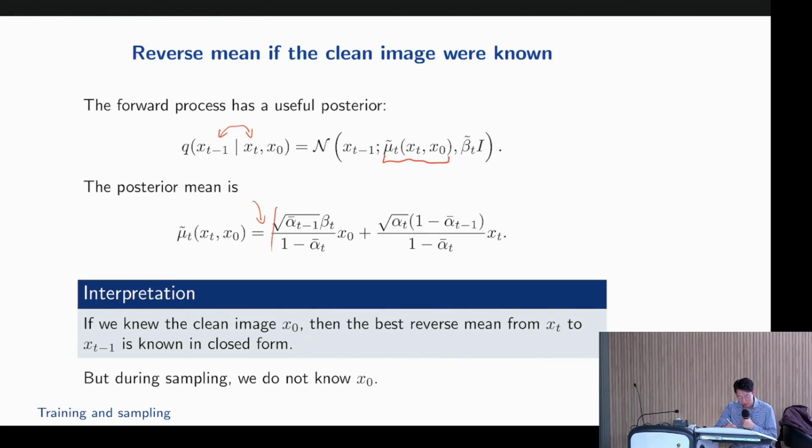Bunch of coefficients multiplied times clean image x0, bunch of other coefficients times xt. So what's the interpretation? If we knew the clean image x0, the best reverse mean from xt to xt minus 1 is known in closed form. So once again, if we're given x0, the mean going from xt to xt minus 1 is given in closed form.